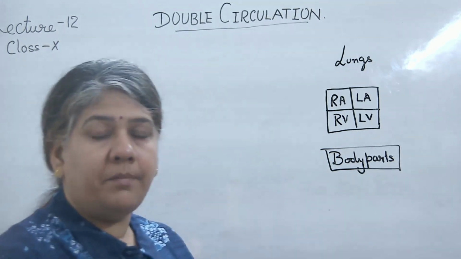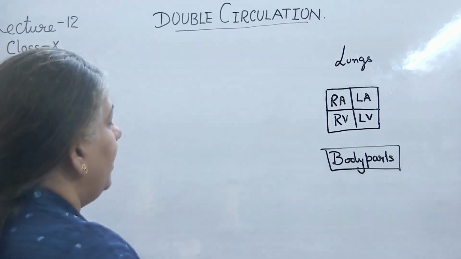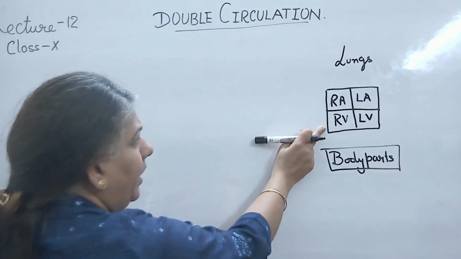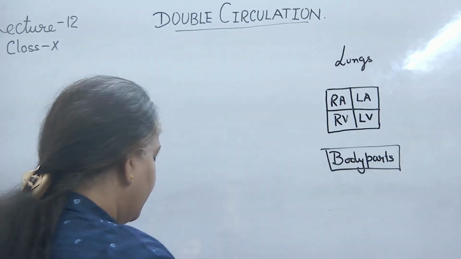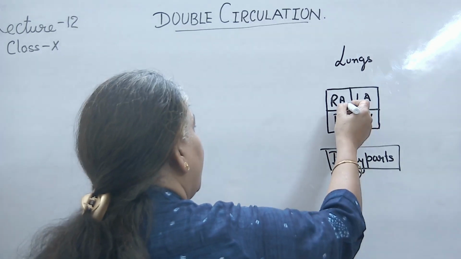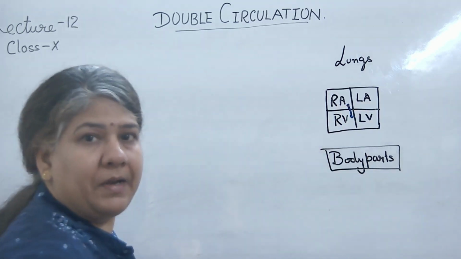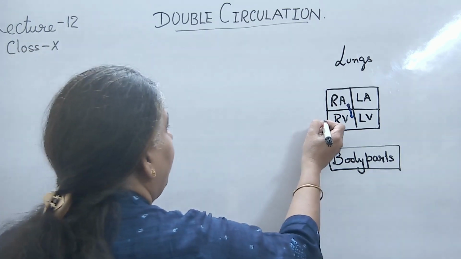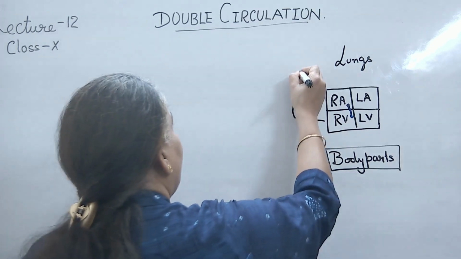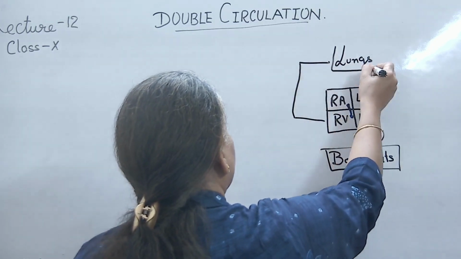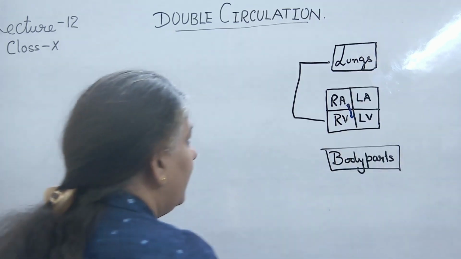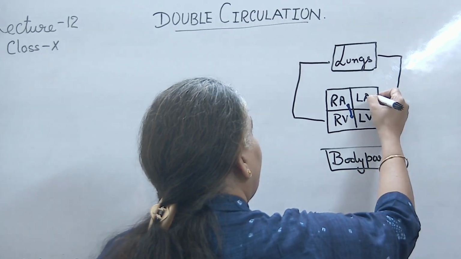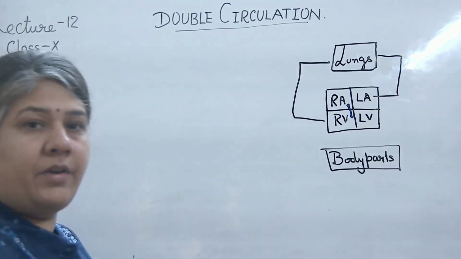See, deoxygenated blood which comes into the right auricle will be pumped into the right ventricle. So deoxygenated blood is pumped into the right ventricle, and from the right ventricle it is carried by pulmonary artery into the lungs. Then with the help of pulmonary vein, it is brought back into the left atrium.